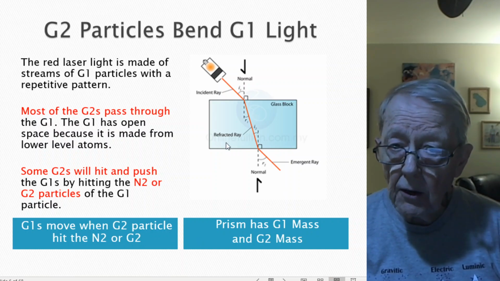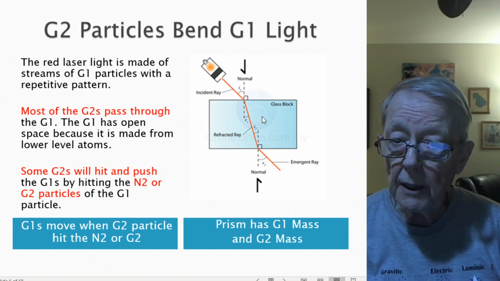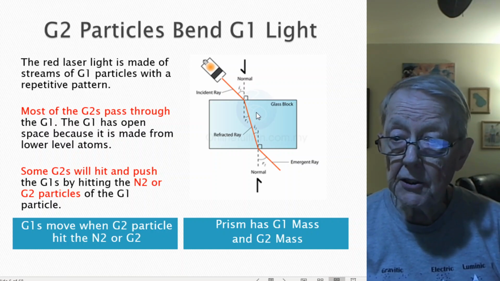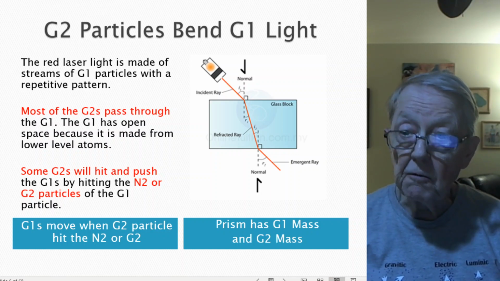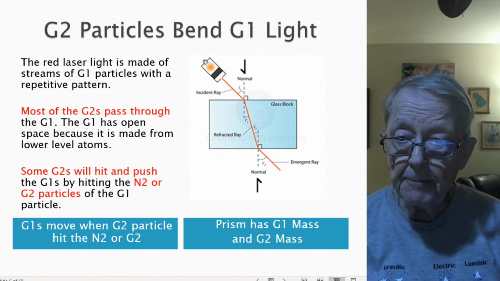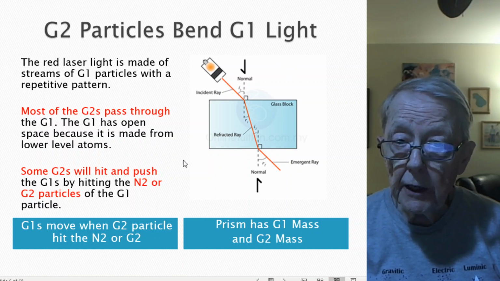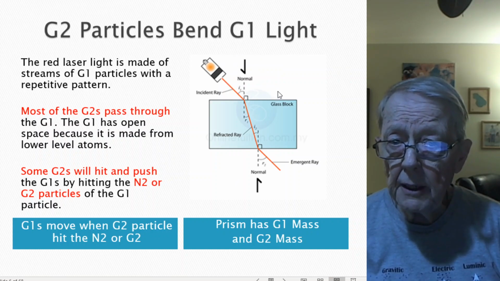And it turns out that the prism has both G1 mass and G2 mass. You can take this prism, put it on a scale, and weigh it in grams or pounds, and you'll know how much it weighs. That's its value of mass. But it also has a G2 mass because light bends.